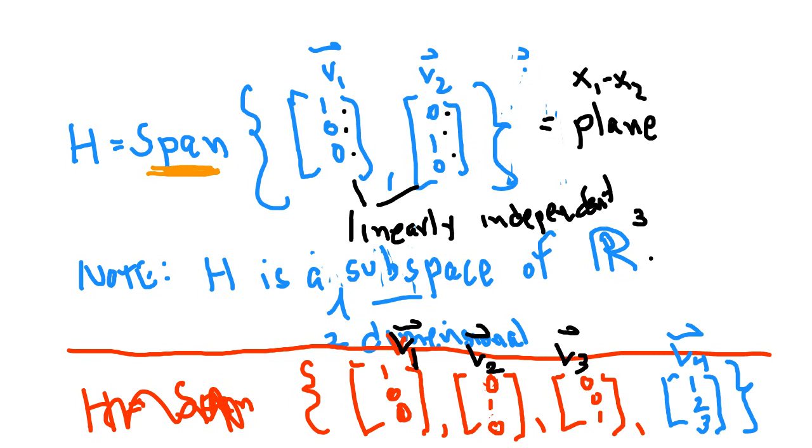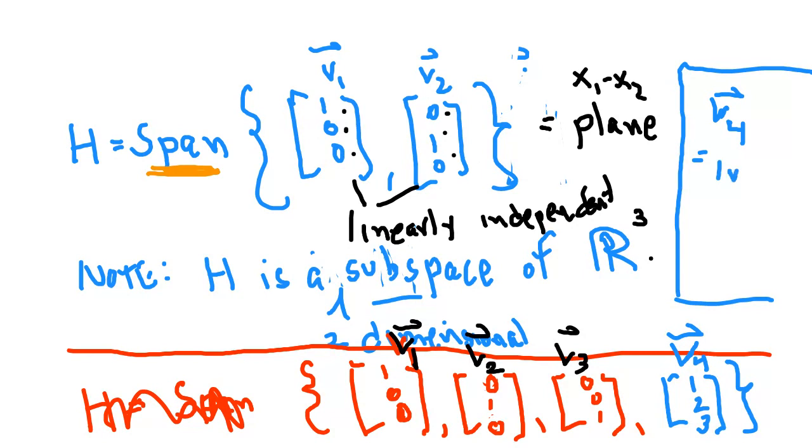No, it's not, because V4 is equal to 1 times V1 plus 2 times V2 plus 3 times V3. In other words, V4 is a linear combination of the preceding vectors.